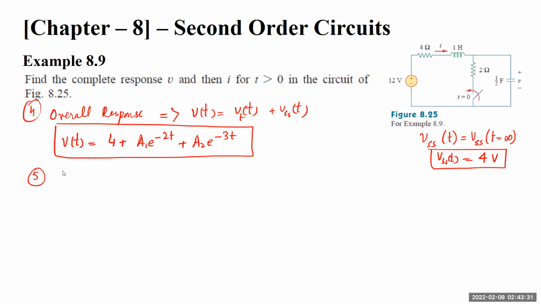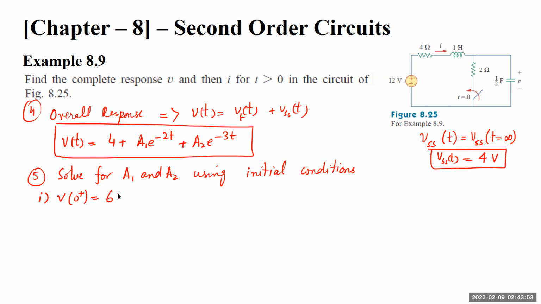Step number 5: solve for a1 and a2 using the initial conditions we have. Our first case, V0 positive is equal to 6 volts.